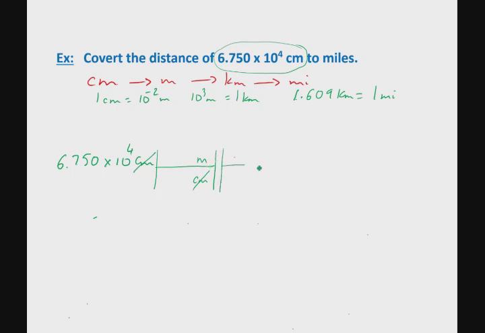In the second conversion factor, we want to get rid of meters, so that goes in the denominator, so you can cross it out and it gets converted to kilometers. And then finally for the next conversion factor, kilometer crosses out, leaving behind the unit miles in the numerator, and that's what we need.